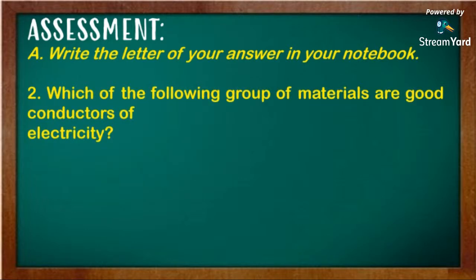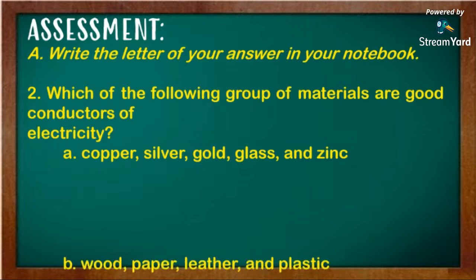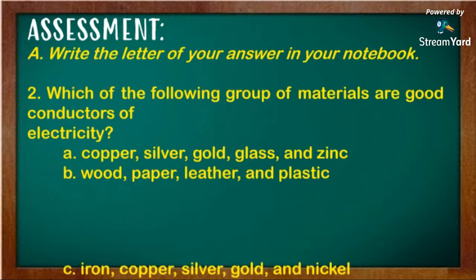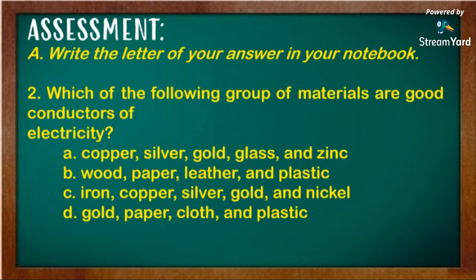Number 2, which of the following groups of materials are good conductors of electricity? Letter A, copper, silver, gold, glass, and zinc. Letter B, wood, paper, leather, and plastic. Letter C, iron, copper, silver, gold, and nickel. Letter D, gold, paper, cloth, and plastic.